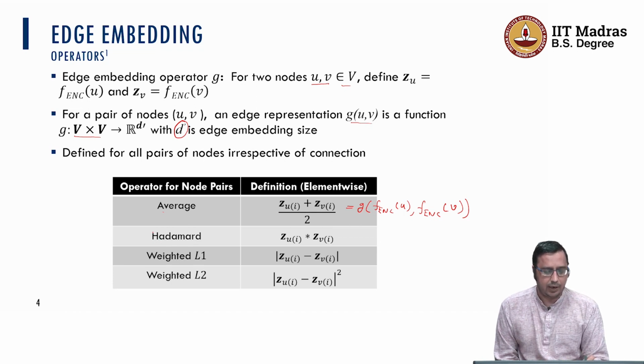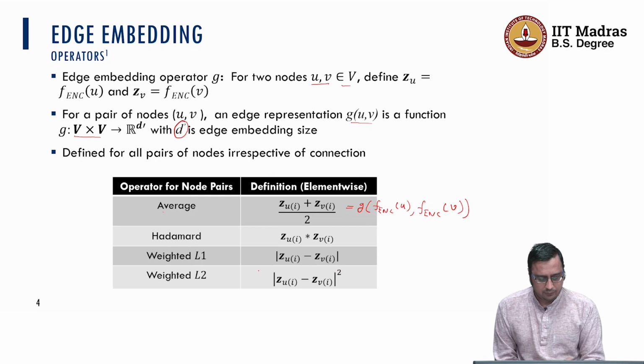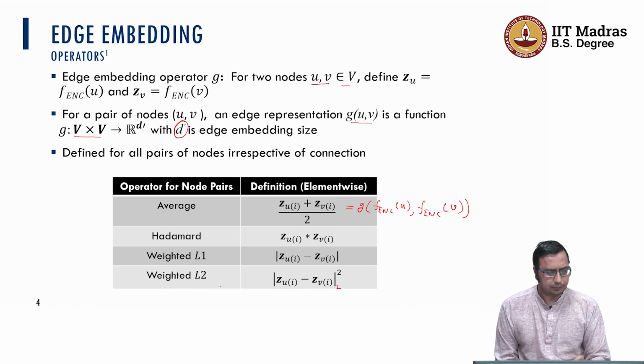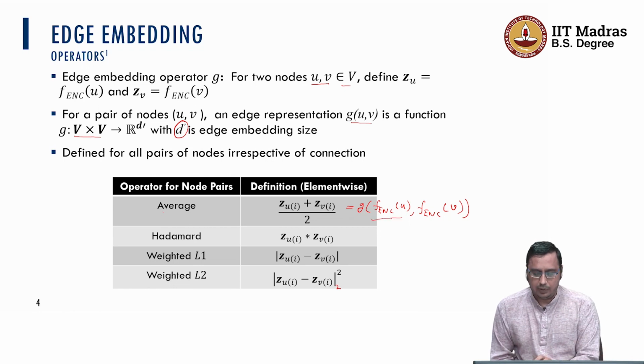Similarly, we can define the Hadamard operator, which takes the element-wise product, and the weighted L1 or weighted L2 norms. Here we have a weighted L2 norm squared, so we are taking the square of each element in the L2 norm. So these are different operators we can use. G is defined on each node pair, and F is the encoder embedding.